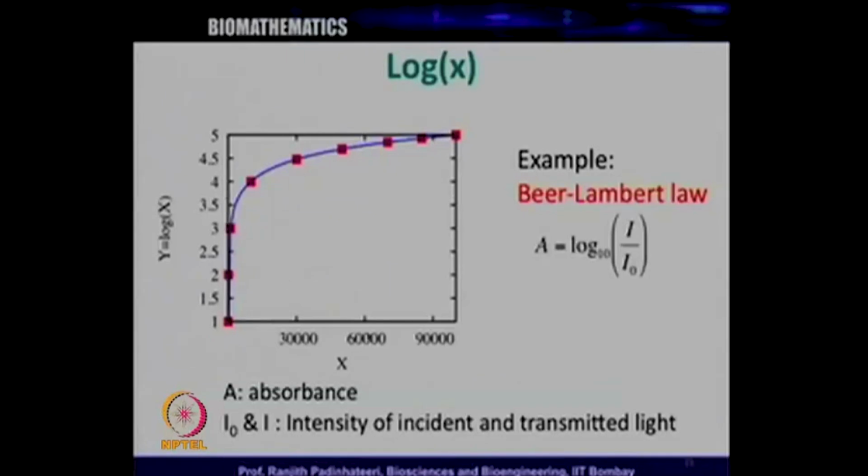The log of 90,000 is very close to 5, just between 4.5 and 5. So, keep in mind that if you take a huge number and calculate the log, you will get a small number.